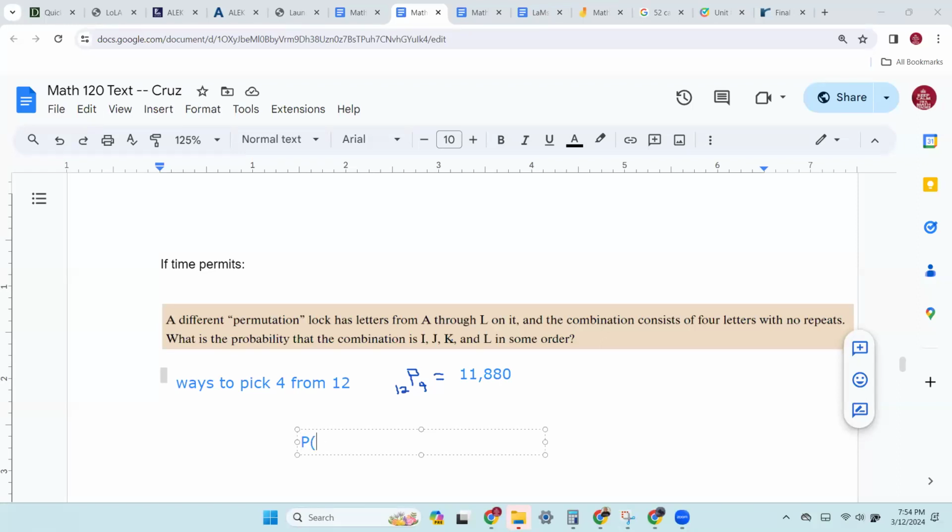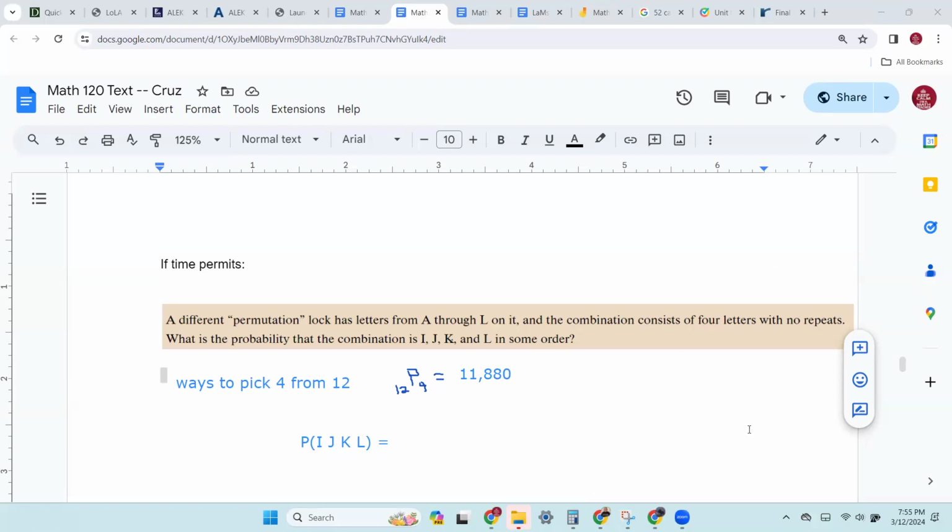Probability of, and we're going to just put I, J, K, L. What we're looking for, and this is kind of strange, but it is the type of problem that you get, is we want to use I, J, K, and L only in our combination, and we're not worried about the order. All right. In some order. Now, it's not saying that we're not worried about order and that it's combinations. This is still permutations, but they don't care how those 4 things are ordered.